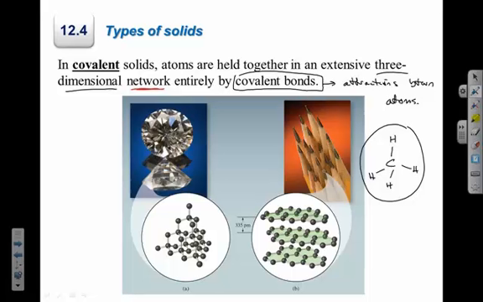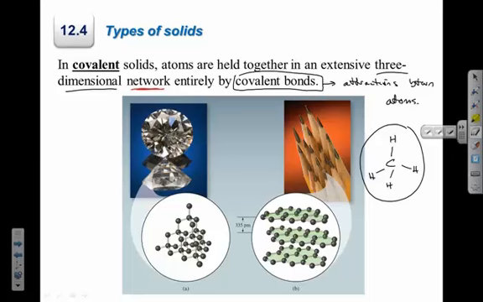A molecule is a group of atoms that are all sharing electrons in some way. A covalent solid is actually a molecule. It's just a huge molecule where all of the atoms are sharing electrons, extending this network of covalent bonds, or shared electrons, in all directions three-dimensionally.